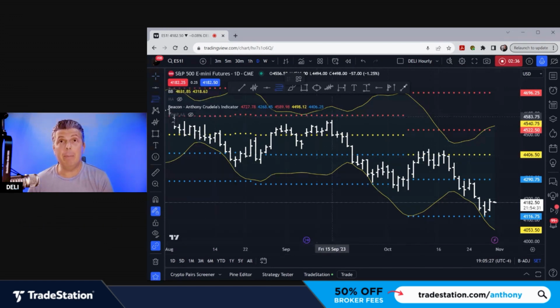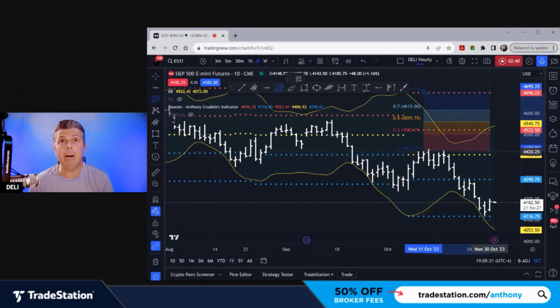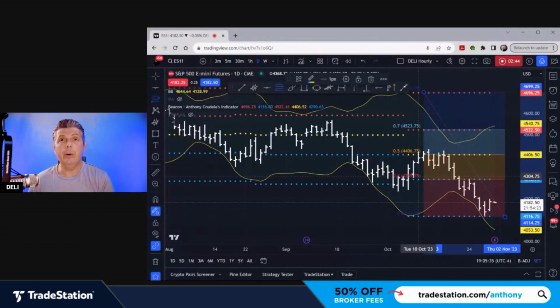All it is, I pull up my fib tool. If I draw from one Bollinger Band peak, you can see up here, to a bottom Bollinger peak down here, you can see that it's 30%, 50%, and 70%. That's how I break down my support and resistance levels.